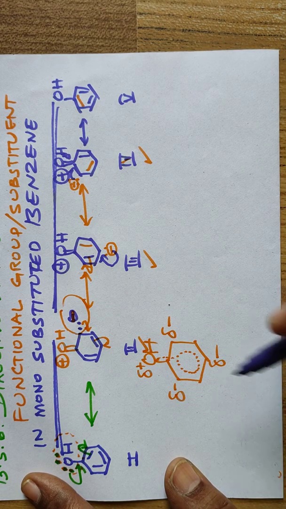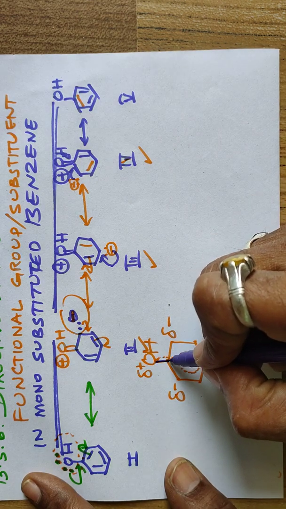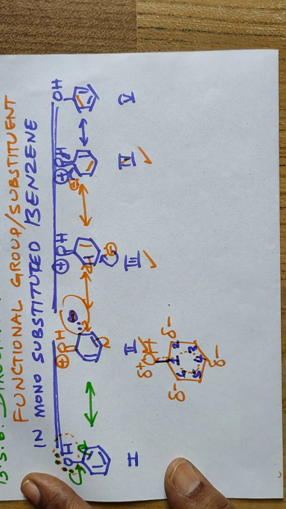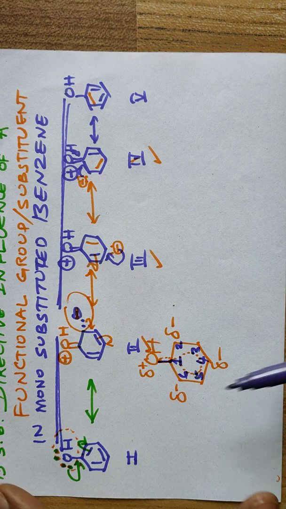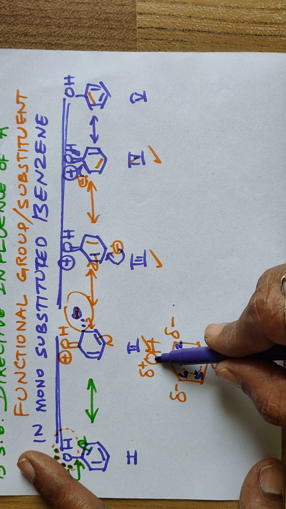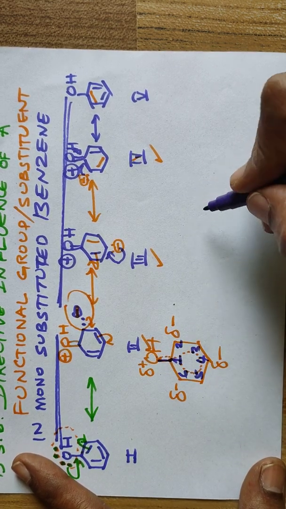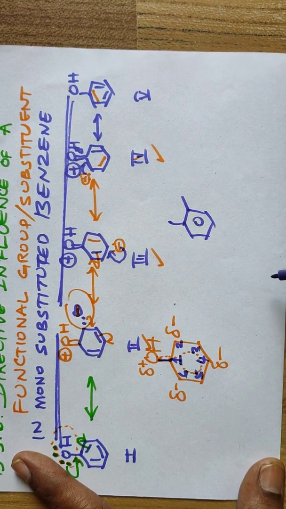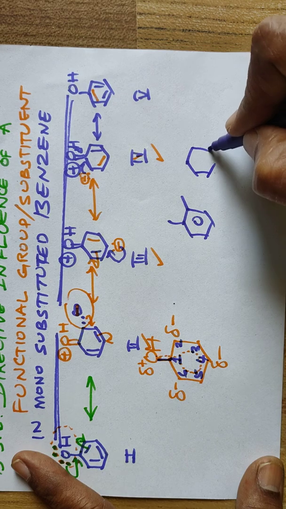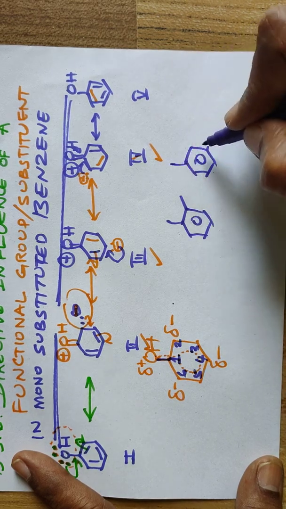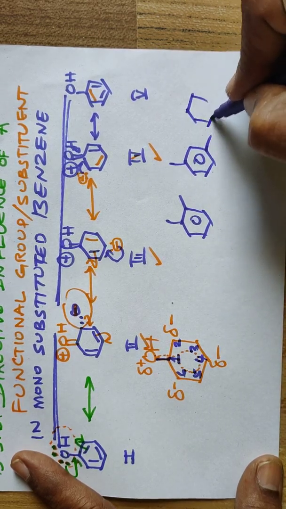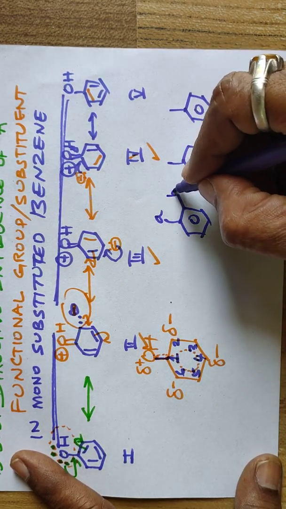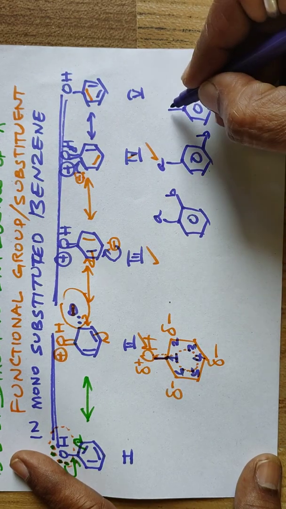What are these positions? Suppose the OH-bearing carbon is number 1 carbon, this is number 2, 3, 4, 5, 6. With respect to the position of one substituent, the other one at the second position, two substituents side by side, is known as ortho. Two substituents alternate is meta, and two substituents at opposite positions is para. So these are AB, these are AB, these are AB.